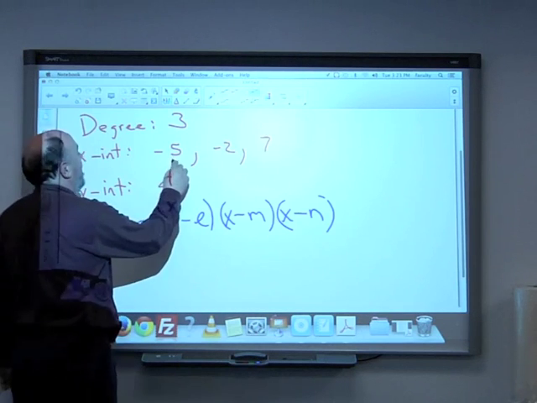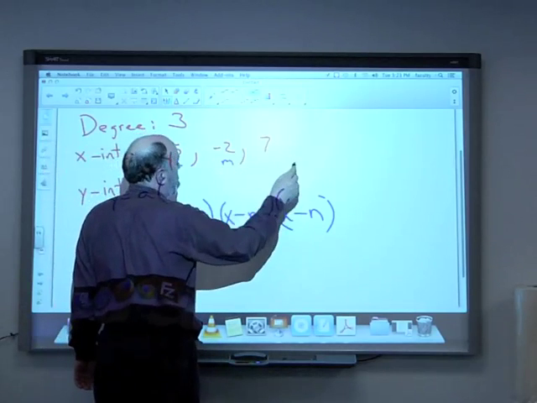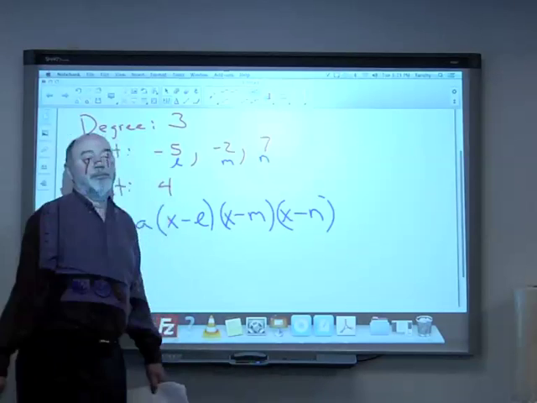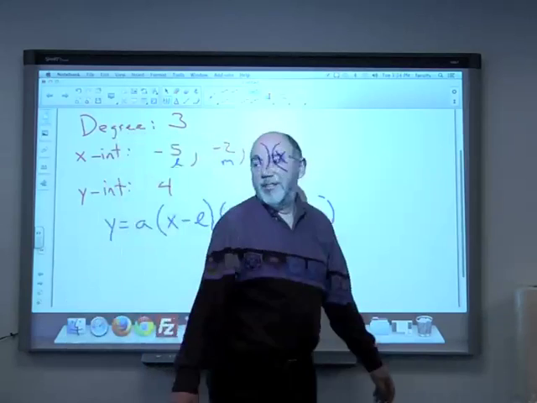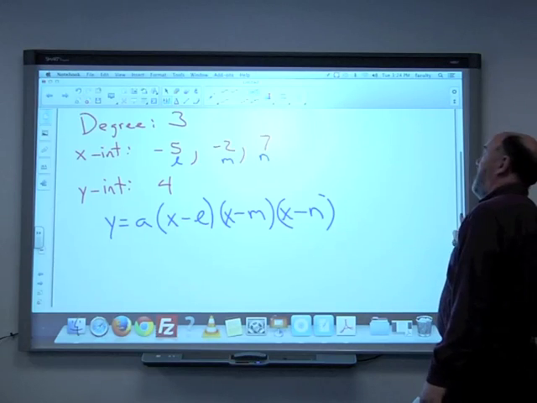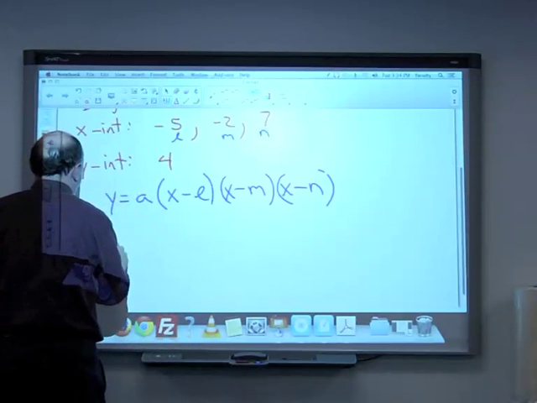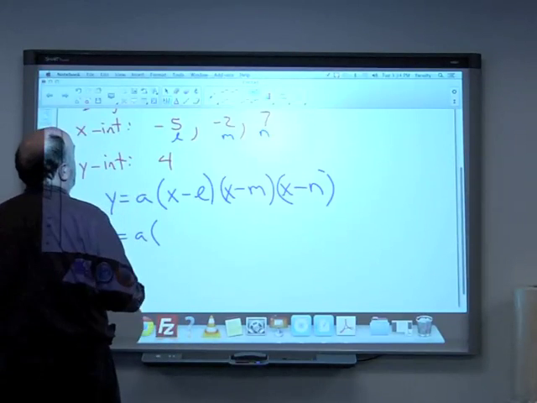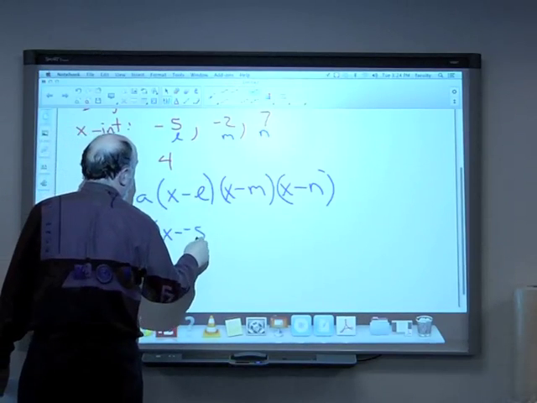So basically we could say that this is the L, this is the M, and that is the N. Let's take that information and plug it in. My equation is going to be y equals A times x minus negative 5.